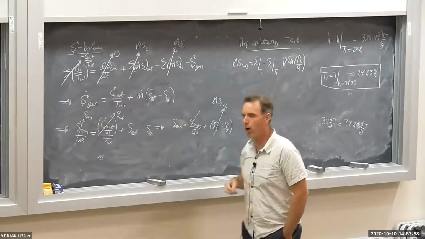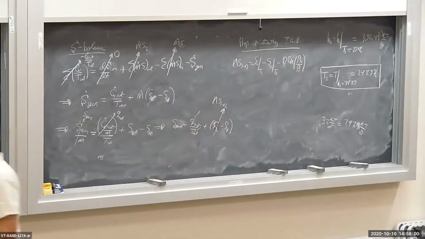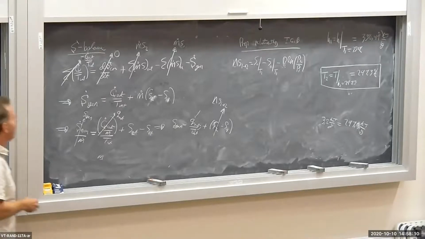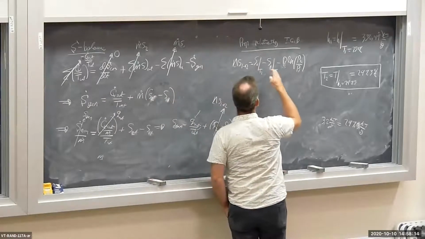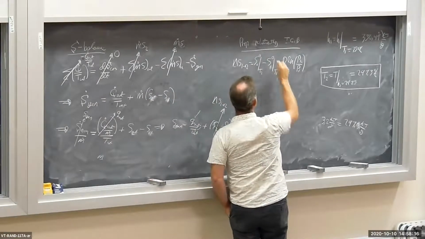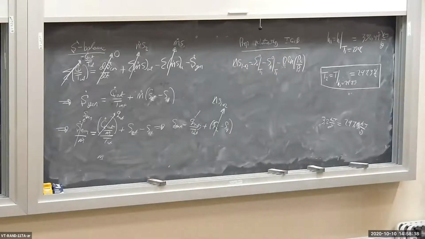That's our property relationship for entropy, IGB, variable specific heat. I guess I'm putting the naught in the superscript. That matches the notation in the notes, okay?